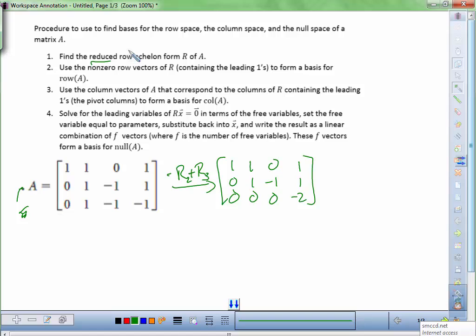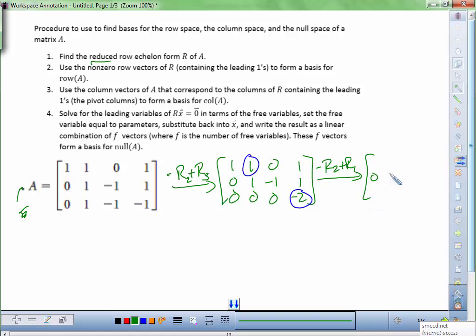This is in row echelon form, but if we go all the way to reduced row echelon form, then we can see what else happens. So I'll do a couple of steps here. I'll get rid of this number here, and I'll change this into a 1 in 2 steps. So I'll take row 2, multiply that by -1, and add that to row 1.